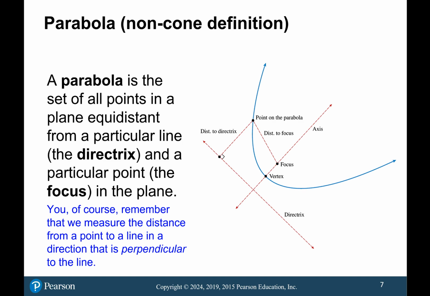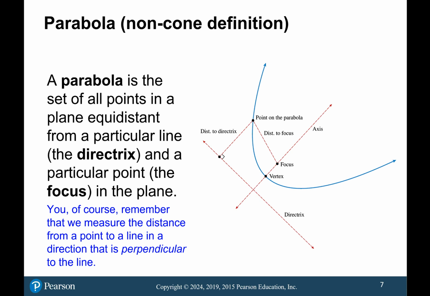All right, so a different way of describing a parabola, a different way of defining it, is from a geometric standpoint. We can say a parabola is the set of all points in a plane, so again, just a two-dimensional figure, equidistant from a particular line and a particular point in the plane.